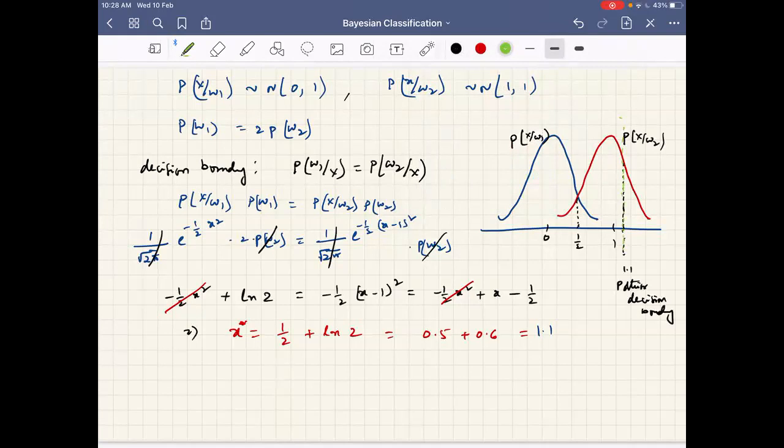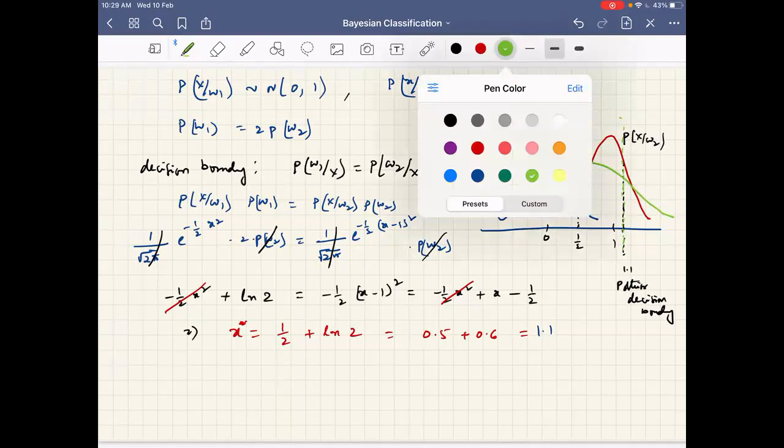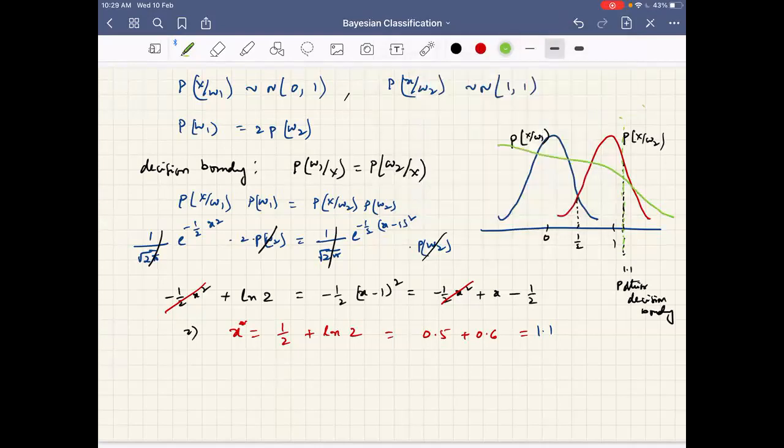Essentially, to get this as the decision boundary, it is likely that the class 1 probabilities will be something like this. Let me see if I can plot even better. And class 2 probabilities, maybe in some other color. This is class 2 probabilities I am plotting first.